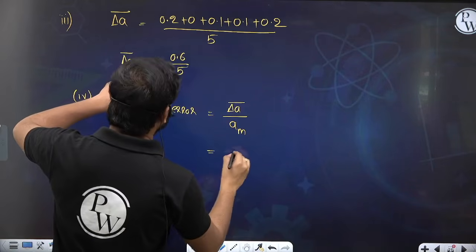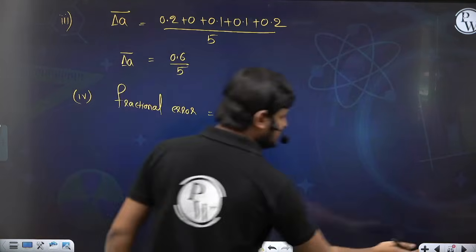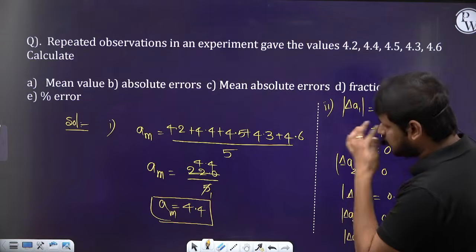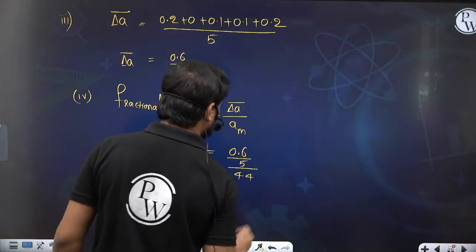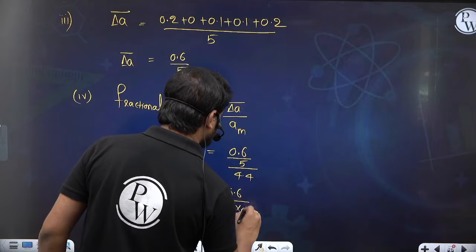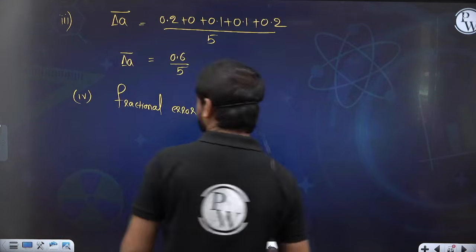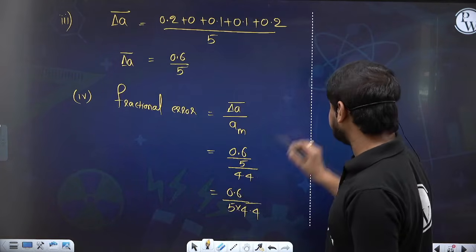We got 0.6 by 5. And what is the AM value? The AM value we got is 4.4. So just do this calculation, 0.6 by 5 into 4.4. That's it.